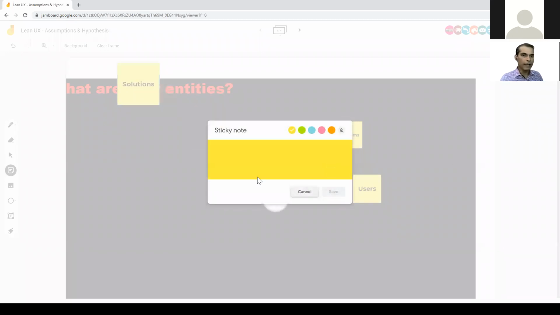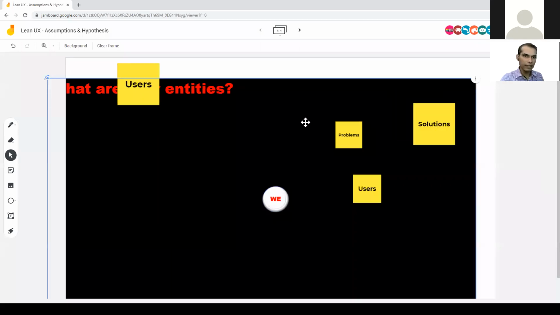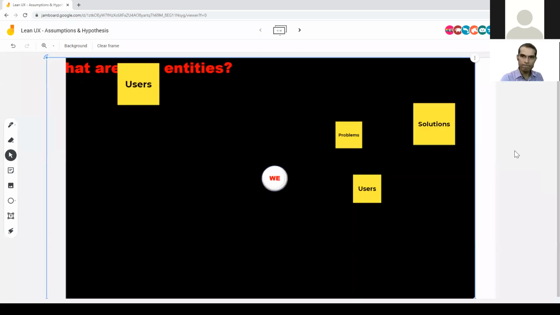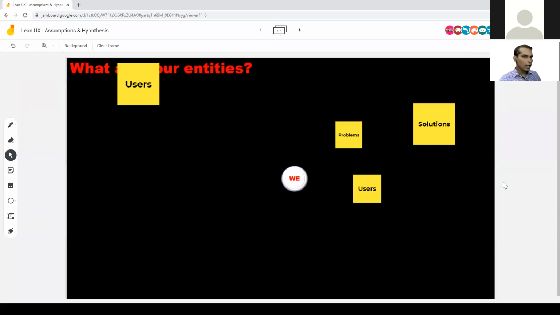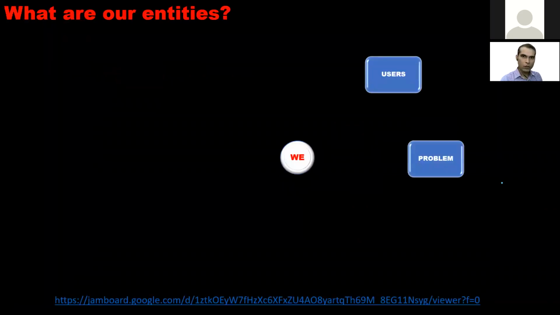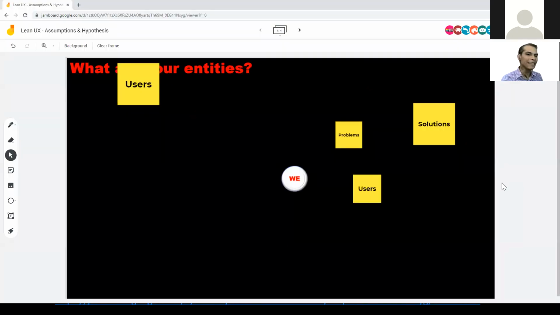Feel free to add, and it could be duplicate, and that's completely fine. So we have 4 minutes to put down whatever entities we can think of around our product management or whatever space you work on.